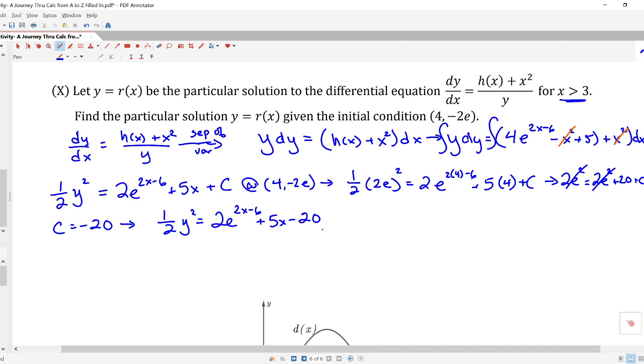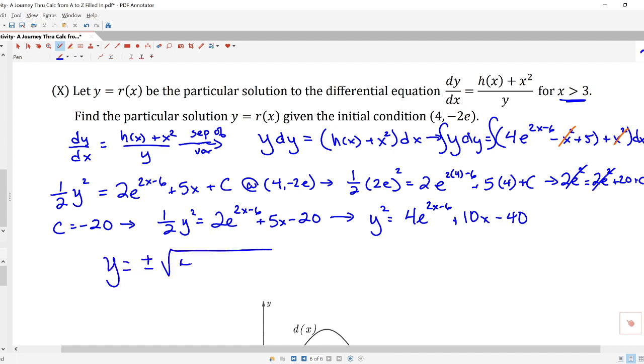Now we take this equation and we solve it for y. So we multiply both sides by 2. So I get y squared equals 4e to the 2x minus 6 plus 10x minus 40. And we have to take the square root. Now, the question is, does y equal the positive or negative square root of this whole thing? For that, again, we go back to our answer.